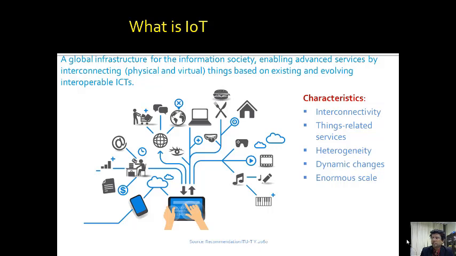But the fourth and last point is that it is an enormous scale. The number of devices that need to be managed and that communicate with each other will be at least an order of magnitude larger than the devices connected to the current internet.